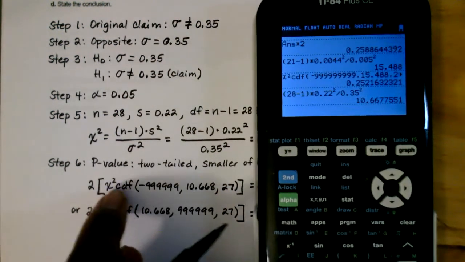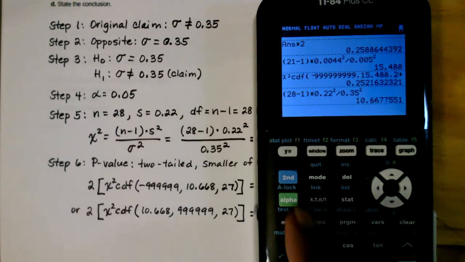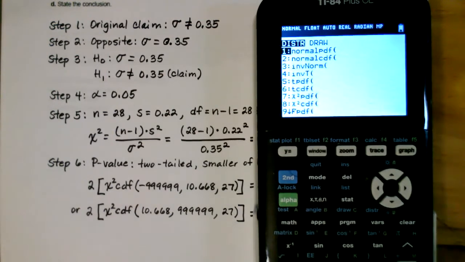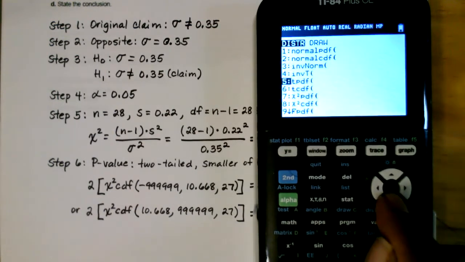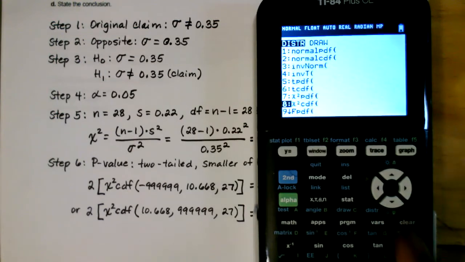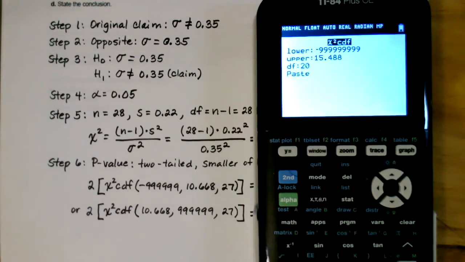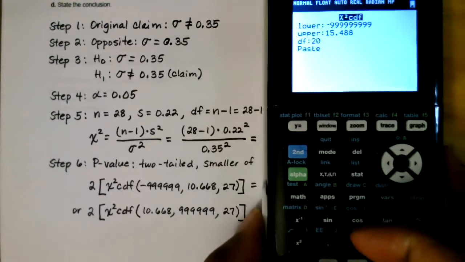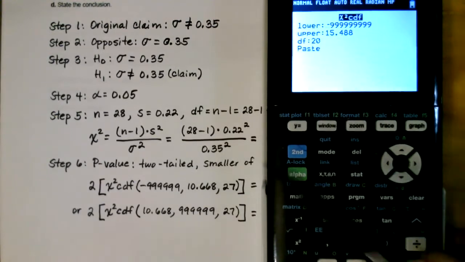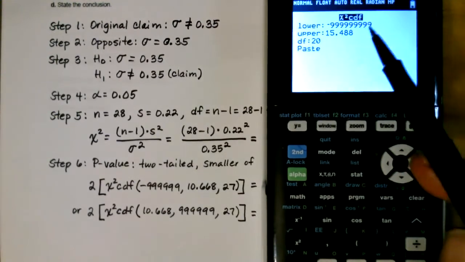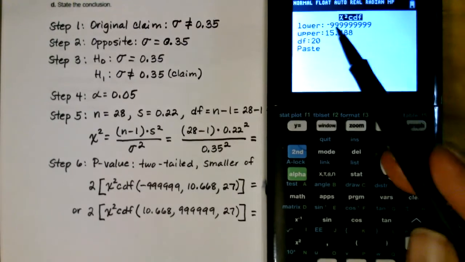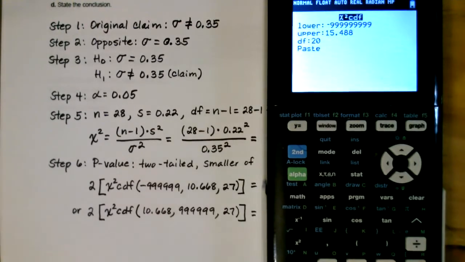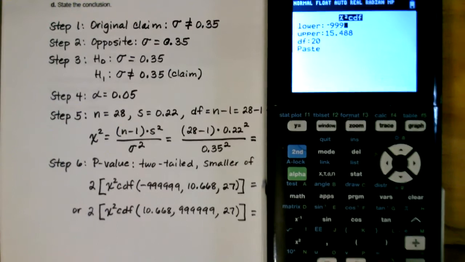So let's start with this one right here. Do second bars. Use your down arrow key to get to chi-square CDF. Hit enter. Now, my lower limit will be a negative with 6 nines, or as many nines as you want to, but I've already got that there. You might want to type it. I'll go ahead and retype it.